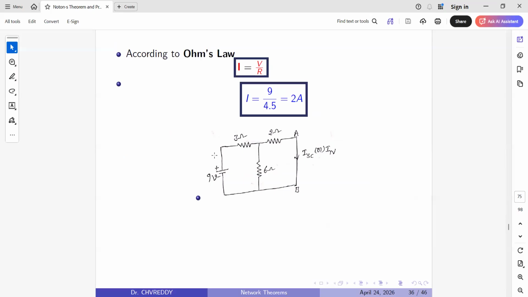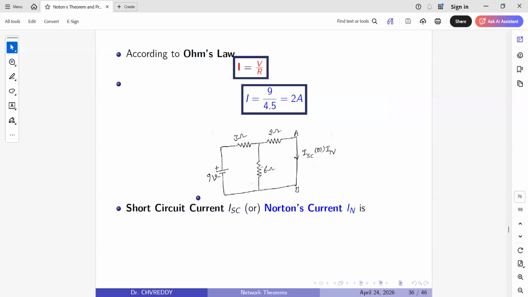So the 2 amps of current is passing through the 3 ohm resistor. Once it reaches this node, the 2 amps of current splits into two ways. Some amount of current is passing through the 2 ohm and some amount through the 6 ohm. But here we need to find how much current is passing through the 2 ohm resistor. Whatever current is passing through the 2 ohm resistor is the short circuit current or Norton's current.